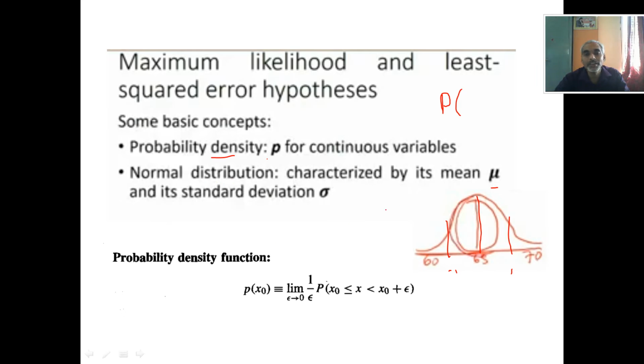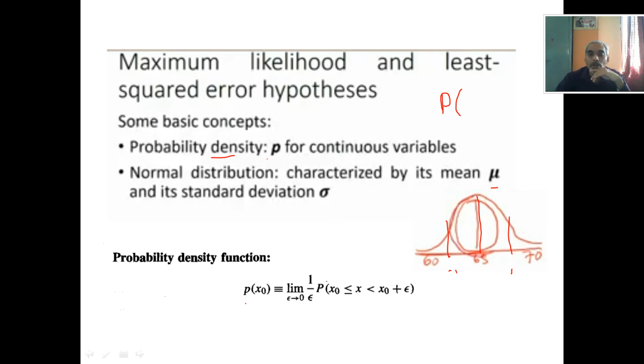Now if you consider a normal distribution characterized by a mean mu, with the mean at the center point, and a standard deviation sigma, then we can state the probability density function. This is the standard formula from the probability chapter.